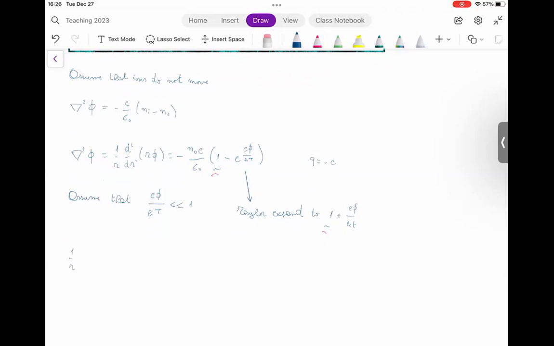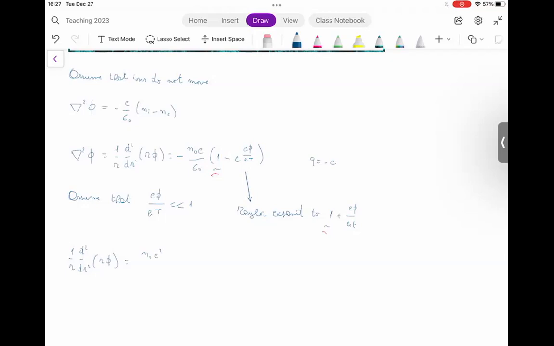1 over r, second derivative with respect to r squared of r times phi is going to be equal to, okay, I have n0 e squared e times e.